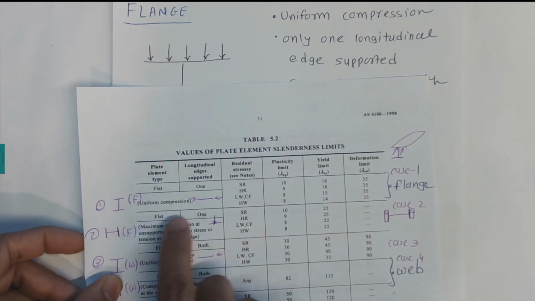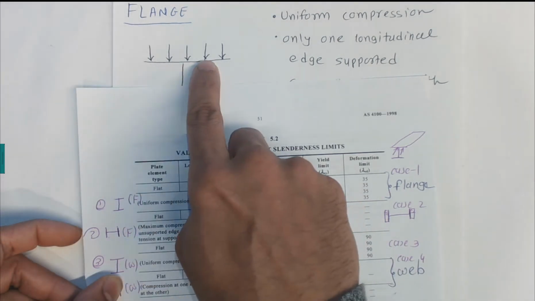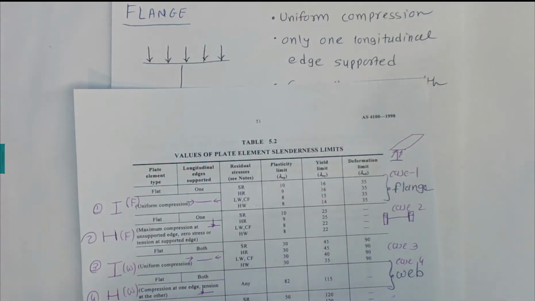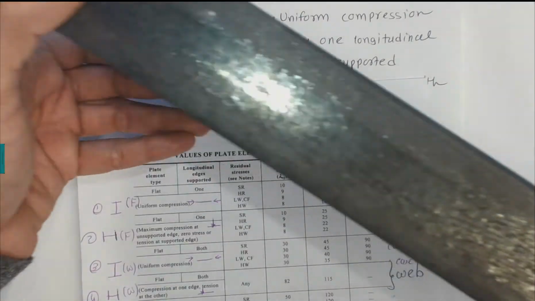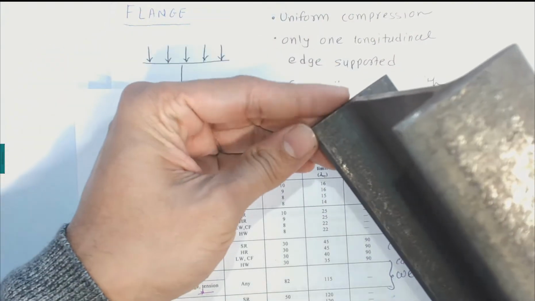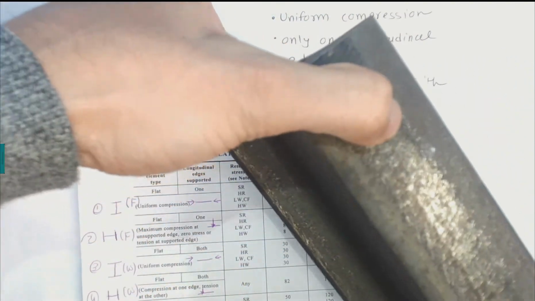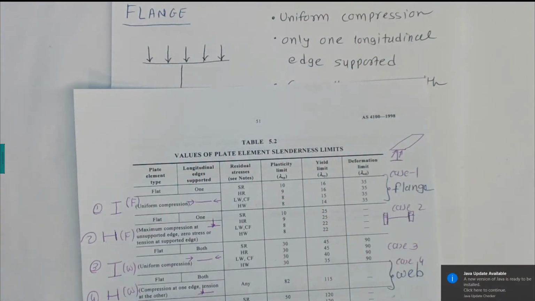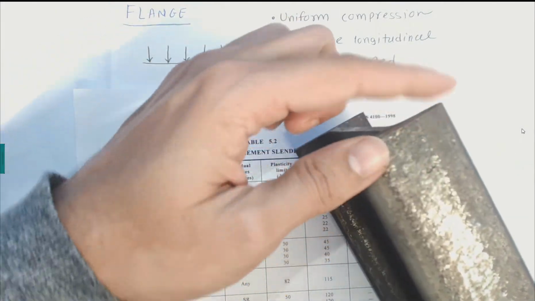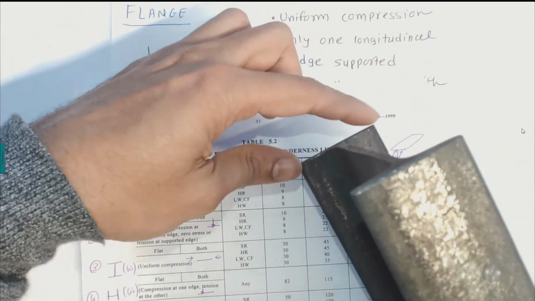Now the flange is under uniform compression, as I mentioned. If you bend the I-beam about the x-axis this way, the top one is under compression and the bottom one is under tension.